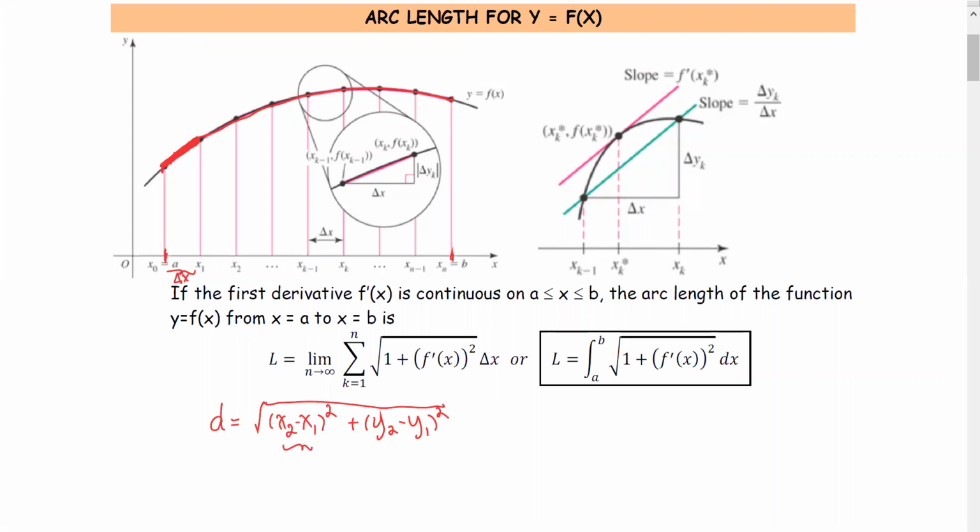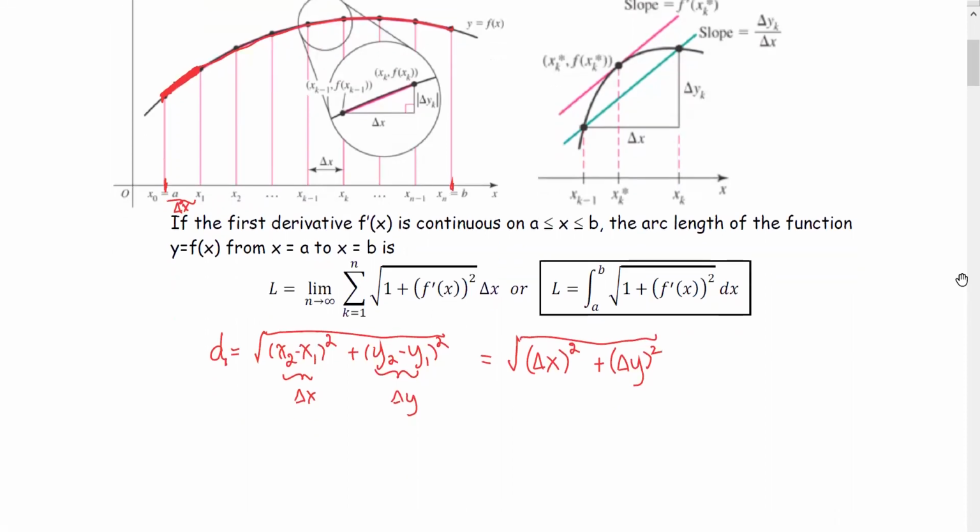The change in x is delta x. The change in y is delta y. The distance of one segment, or one arc length here, is the square root of delta x quantity squared plus delta y quantity squared.